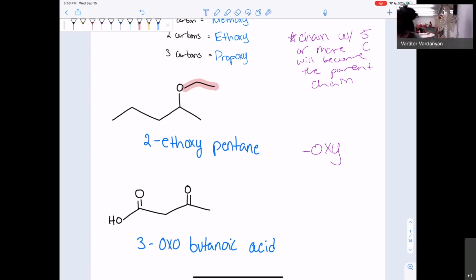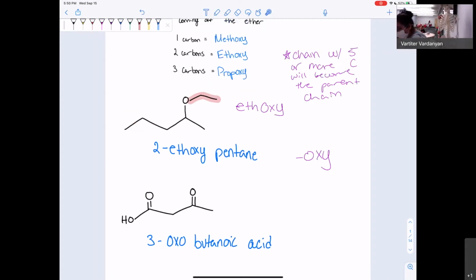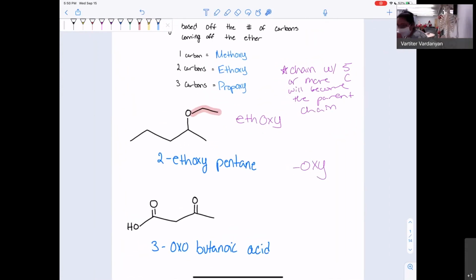So, for example, here we have an ethyl chain, so we would call it an ethoxy, because it's connected to 2 carbons. Exactly. So if we had 4 carbons, it would be a butoxy. Cool. And then the rest of the chain is just named a pentane. Pretty straightforward. So I'll zoom out in case you want to take a picture or anything. The last, yeah, what's up? Oxy is because it's connected to oxygen. Pretty much, yeah.